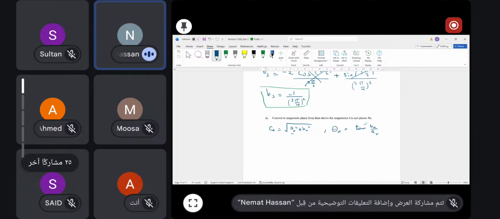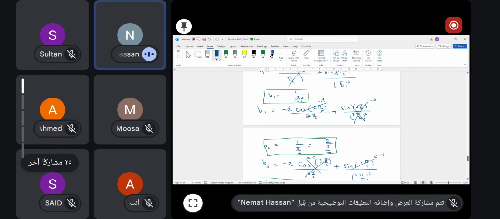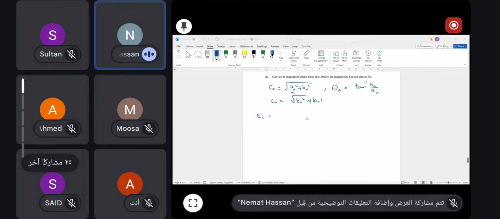But A of n is 0, right? Which means C of n will always be square root of B of n squared, or in other words, the absolute value of B of n. So C1 will be equal to B1, and B1 is 1 over pi over 4 squared.